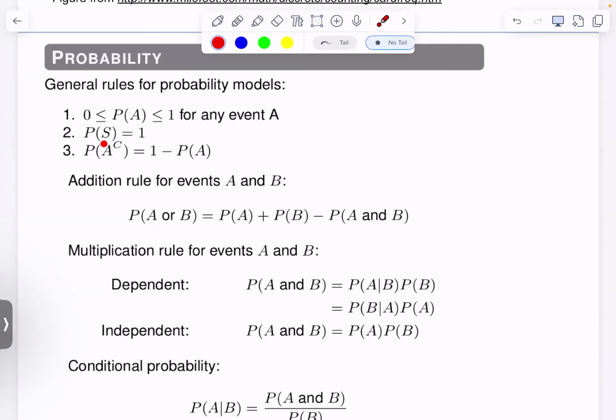We haven't formally introduced the sample space, but we have talked about it, so let's introduce it now. S is what we call the sample space, which is the set of all possible outcomes.